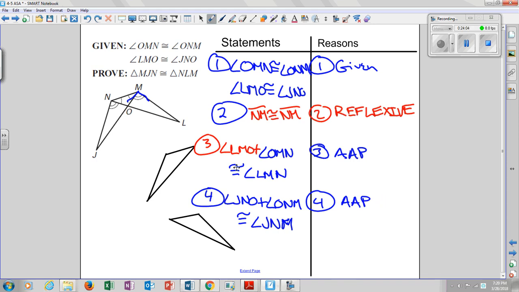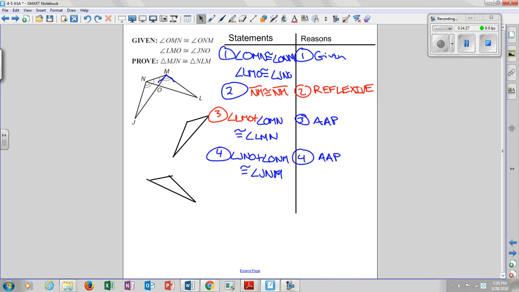But you see, we don't have the same angles inside of here. So we know that if we took this angle, which is congruent to this angle, and added it to this angle, which is congruent to this angle, then they equal the same thing, or are congruent to the same thing. But that does not necessarily make the two congruent yet. So we got to move on to a step 5.